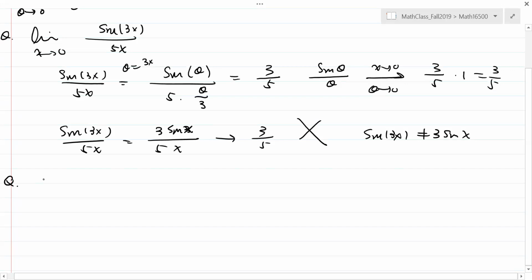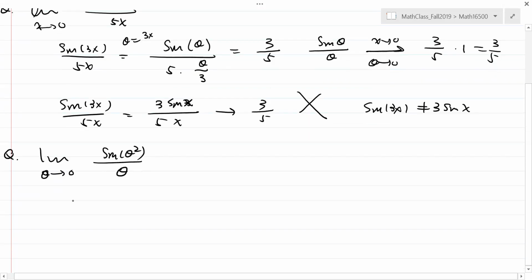Okay. So now the next one. As theta approaches 0, sine theta squared over theta. How to find the limit of this? Well, you can modify it like this: sine theta squared over theta squared, and multiply by theta.